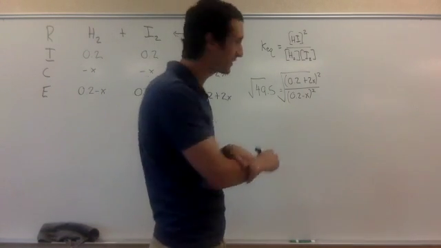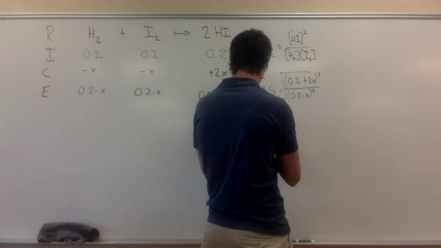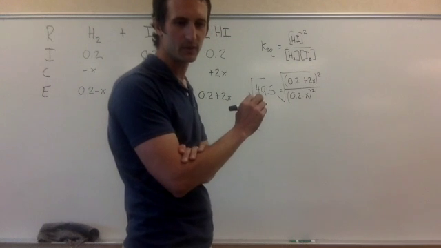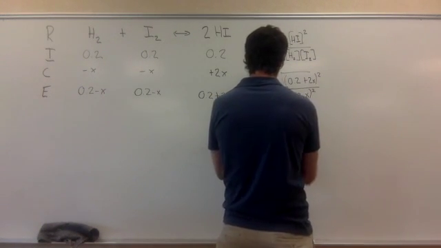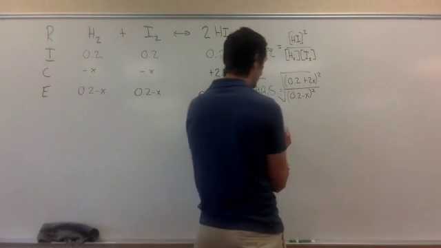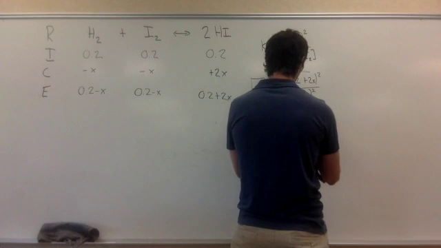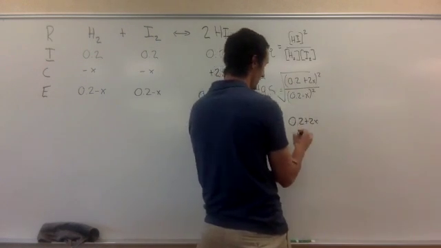So, according to my math, this simplifies now to like 7.03, 7.04 if I'm rounding. And over here, it's going to be 0.2 plus 2x on top. We got rid of that square.